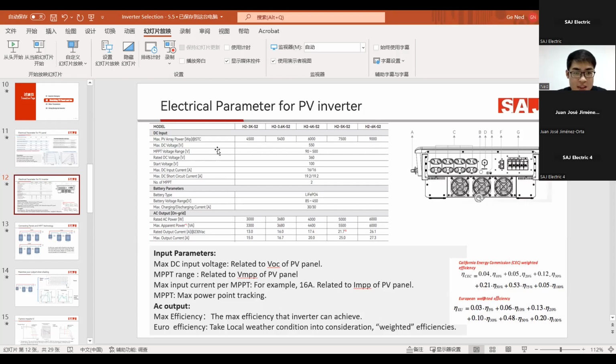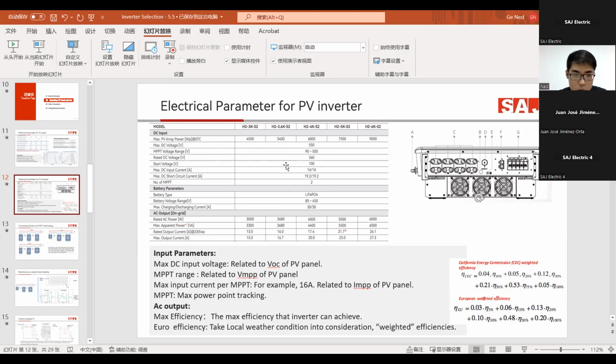And then the max DC voltage tells you how many panels you can connect in one string. For example, it's related to the open circuit voltage of the PV panel. And then the MPPT range is related to the Vmp, the voltage at the maximum power point of a PV panel.